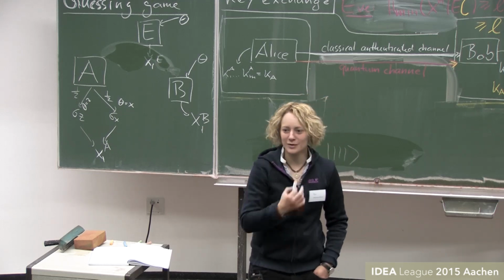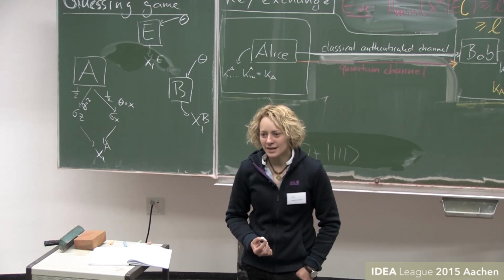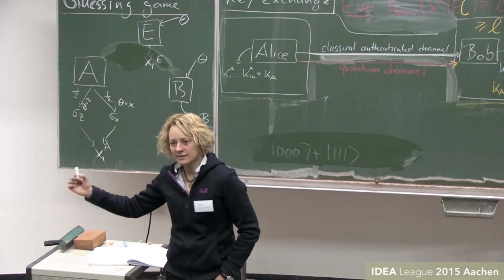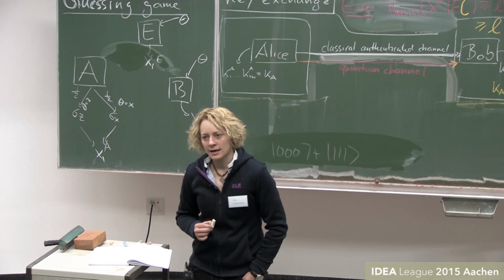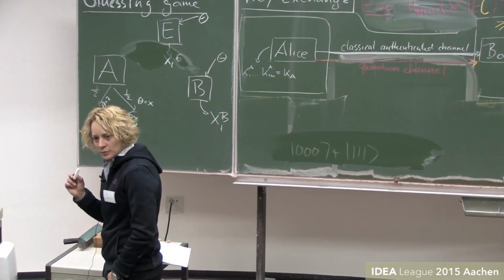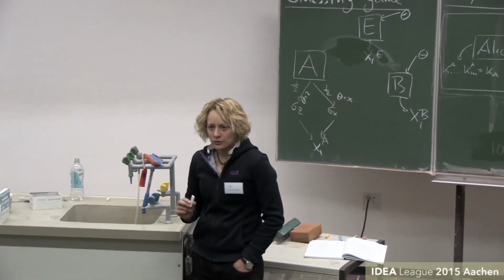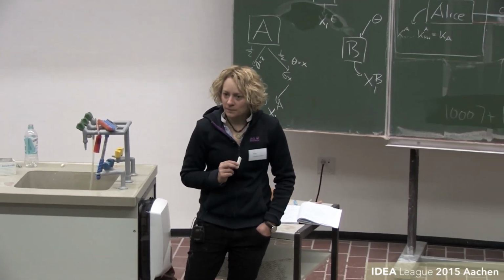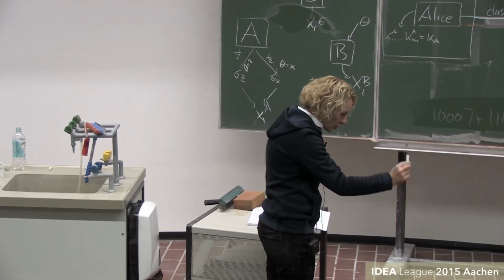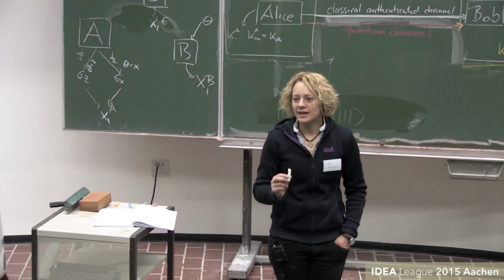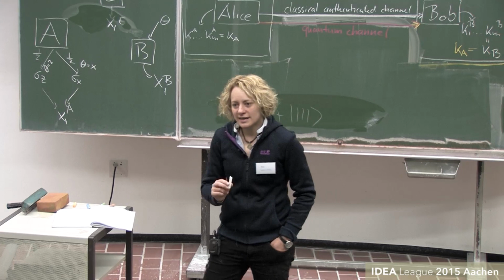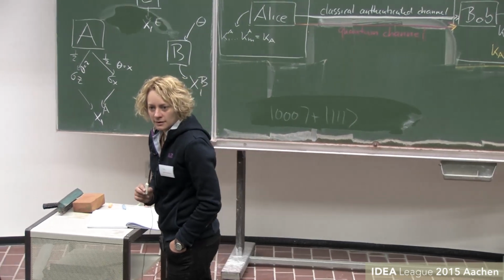In fact, in this example, it's also just X and Z, such that he can perfectly guess Alice's outcome. So one can prove that the only state that has the property that Bob can perfectly predict the outcome of Alice's measurement for both X and Z is precisely the maximally entangled state.